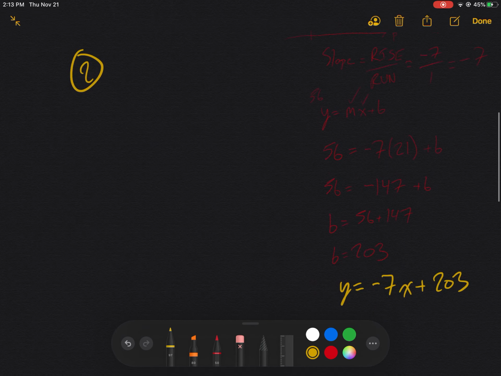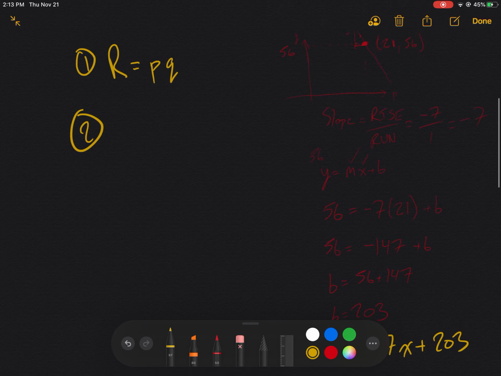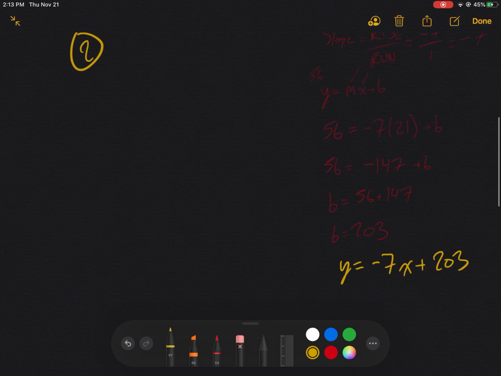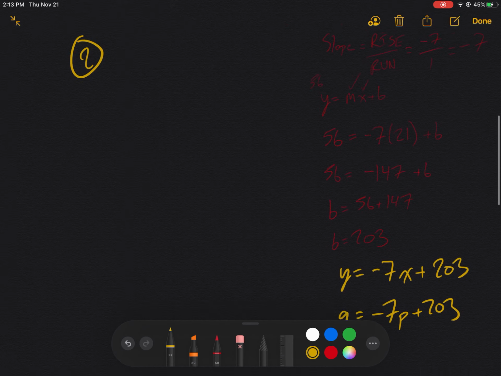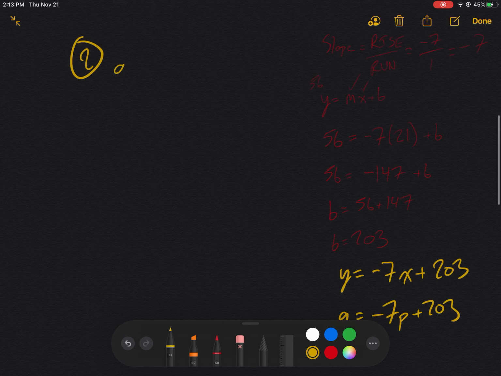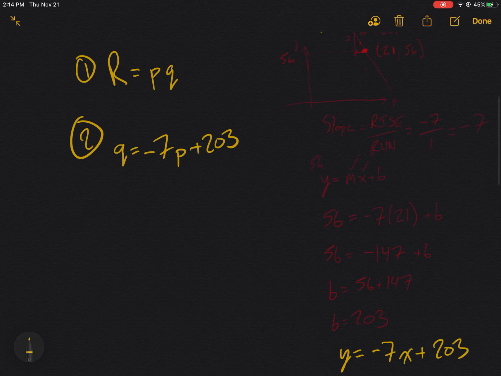By the way, in this case, sorry, I used y and x, but my y is actually Q. So let's rewrite that: Q equals minus 7P plus 203. Let's write it up here as my second equation.